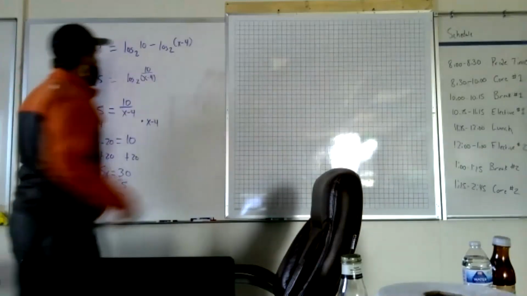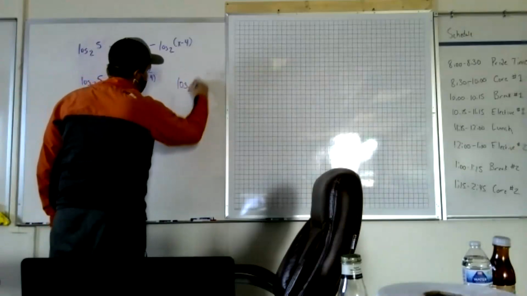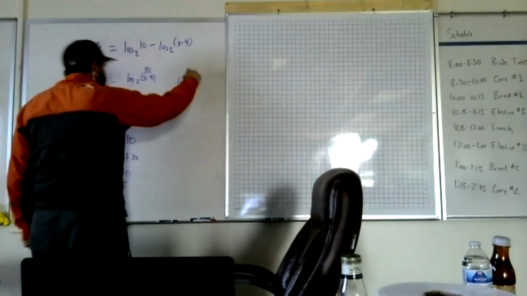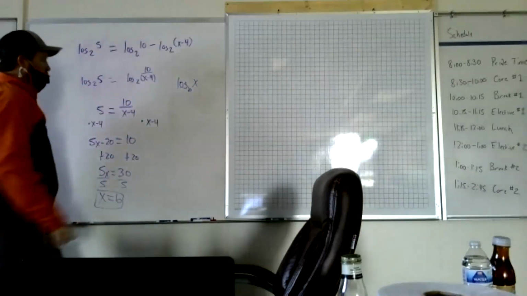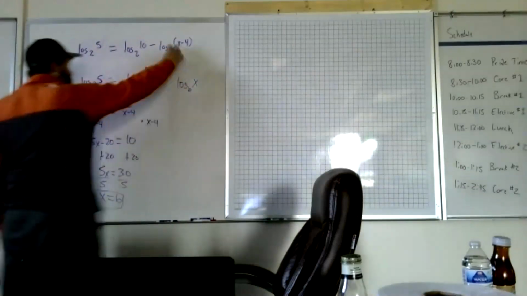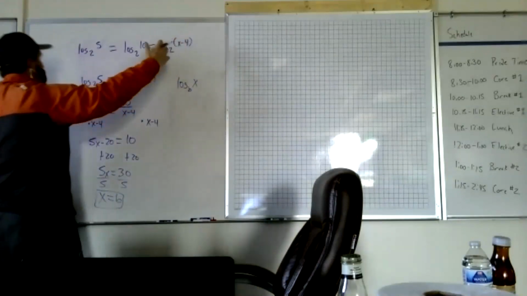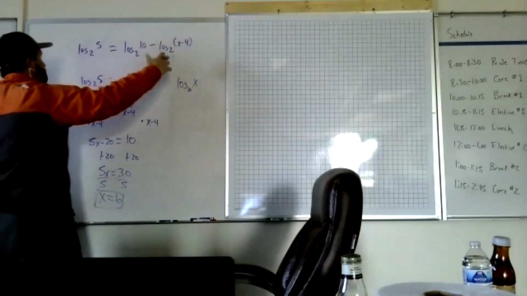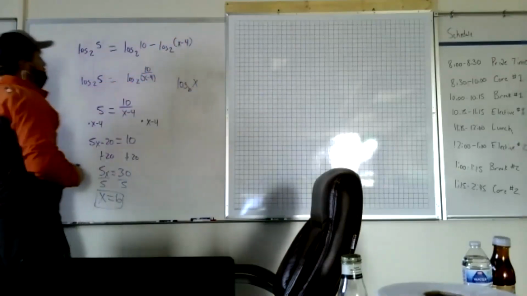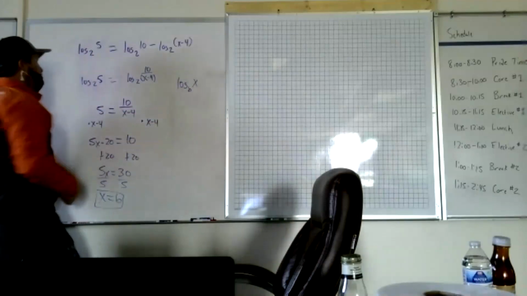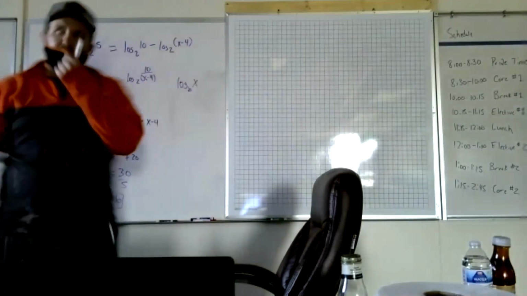I'm just saying whatever I write, log base b of x, this x cannot be negative at any point. So when I plug 6 in, I get 6 minus 4 is 2. That works, right? As long as it's not negative. If I were to come up with an answer of 3, 3 minus 4 gives me a negative 1. You can't do that.